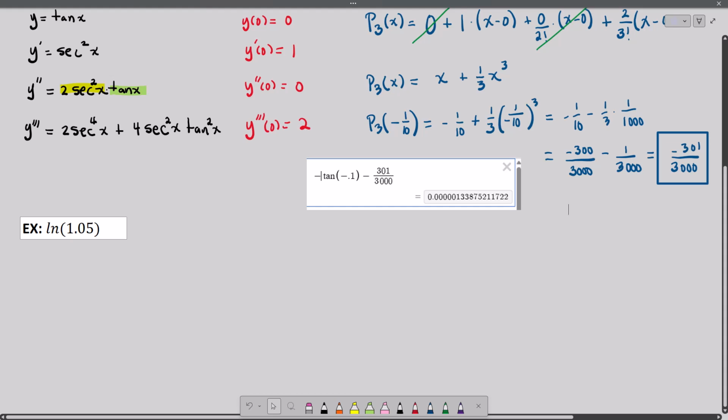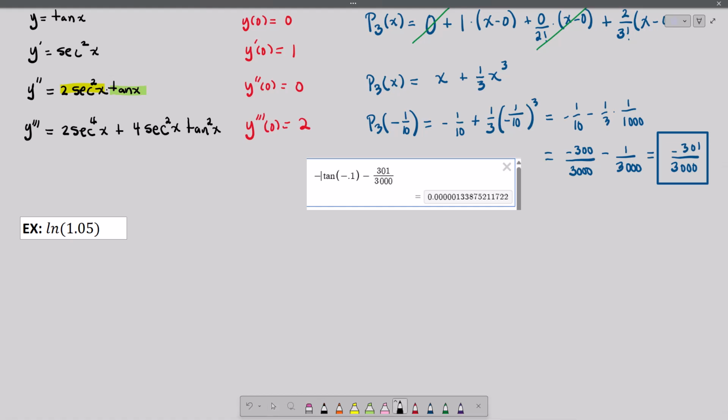Oh, I had the cursor in there. So absolute error is positive. Take the difference, take the absolute value.